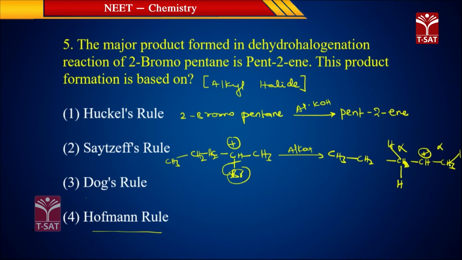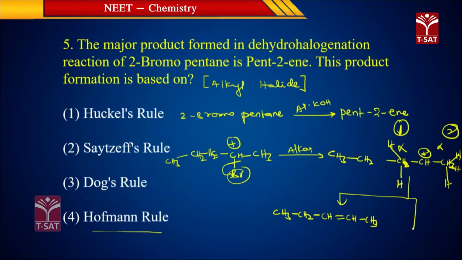If hydrogen is eliminated from the first carbon, the product is CH3, CH2, CH double bond CH, CH3.